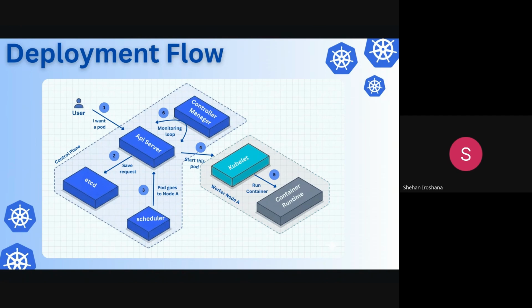Meanwhile, kube-proxy sets up networking so the pod can communicate. Finally, the system enters a monitoring loop to ensure the pod stays healthy. So basically, from the moment you request a pod to it running and being monitored, all components work together automatically, and that's basically the full cycle of how Kubernetes deploys and manages workloads.